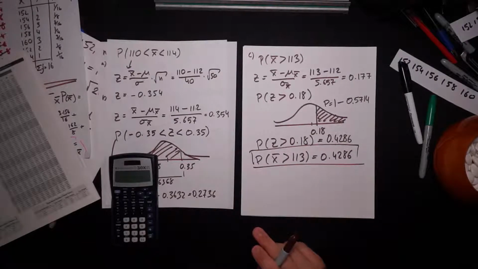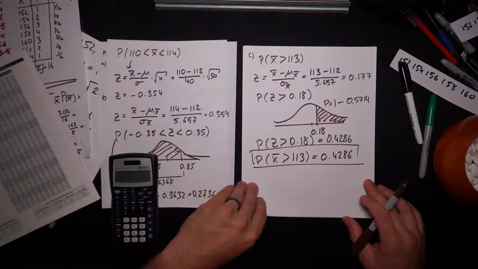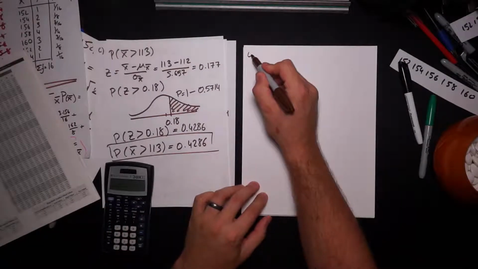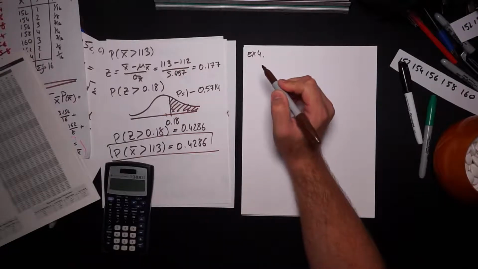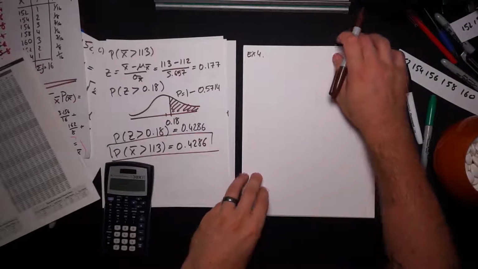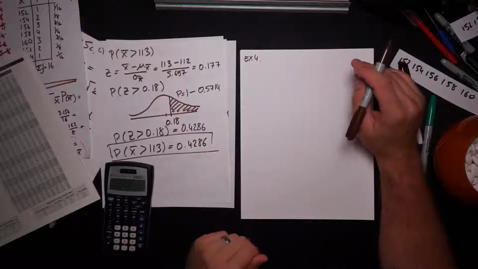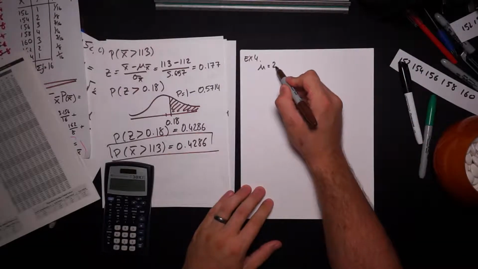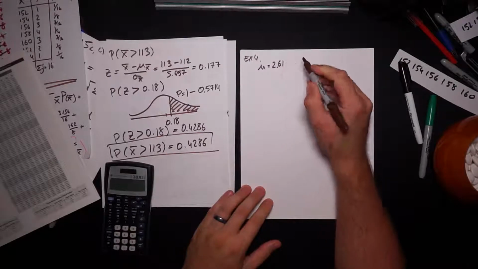Let's keep going. Alright, let's go to example 4. Example 4 says we have some mean at 2.61.